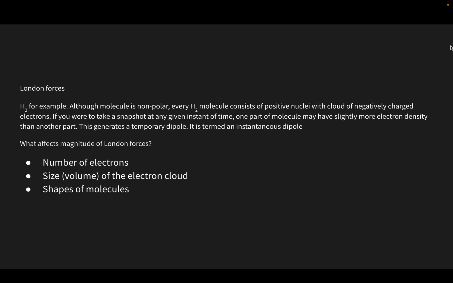If you were to take a snapshot at any given instant of time, one part of the molecule may have slightly more electron density than another part. This generates a temporary dipole, termed an instantaneous dipole. So temporary means not permanent, not for a long time.